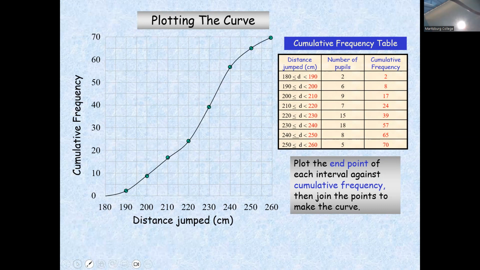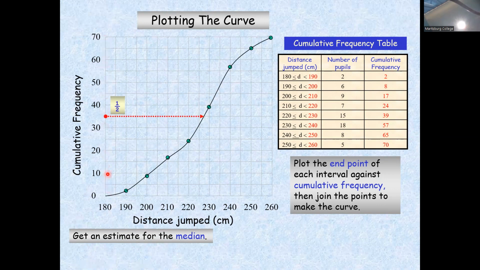And that is what our ogive curve looks like. Quite interesting. So remember, just to refresh, we plot the upper limit against the cumulative frequency value. Now, if we want to get an estimate of the median, remember, median is your halfway. Out of 70, we have a cumulative frequency running up to 70, and half of 70 is 35.